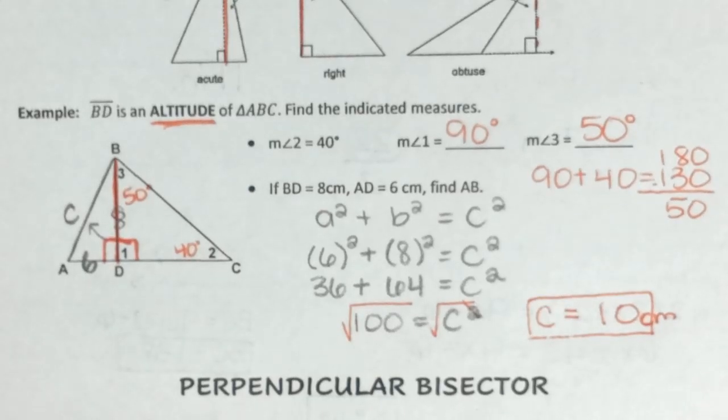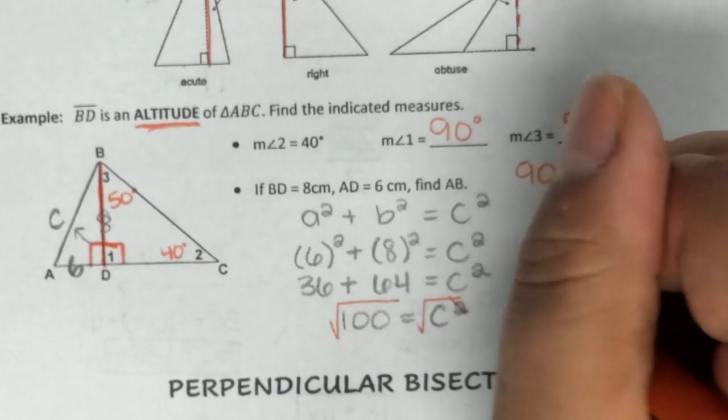Say that again? Oh, no, if you put AB, that's right. Oh, if you put C like I did, that's fine. It is AB, though. You're right. Let me write that down.